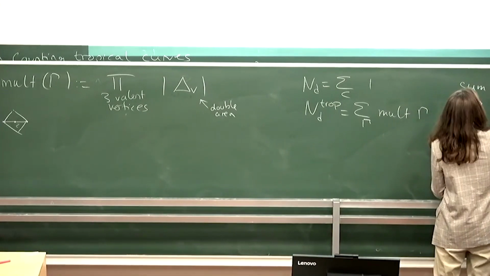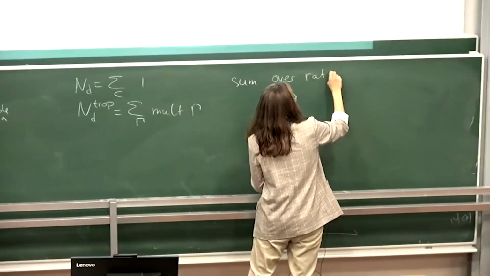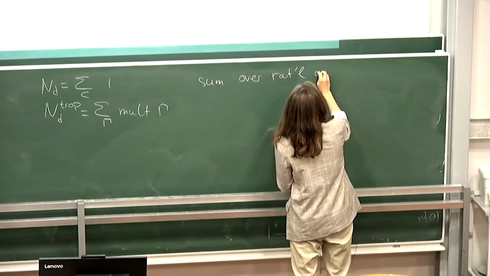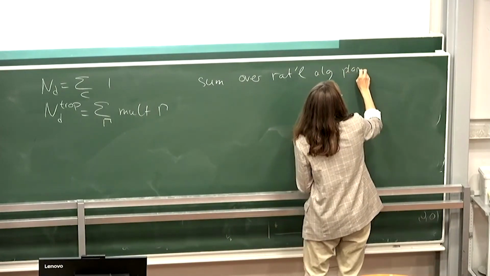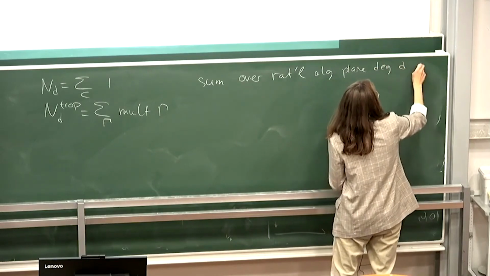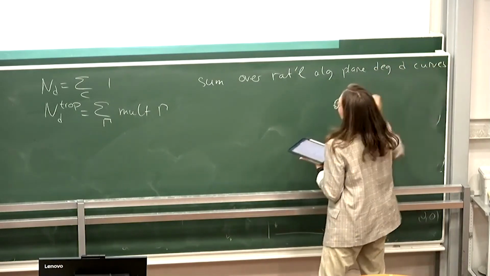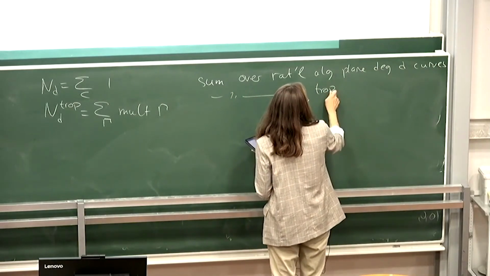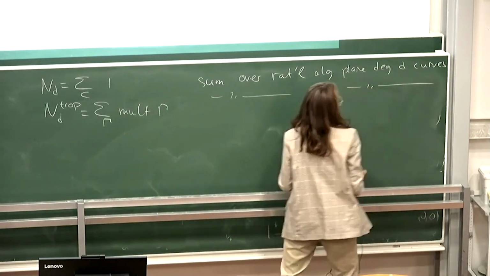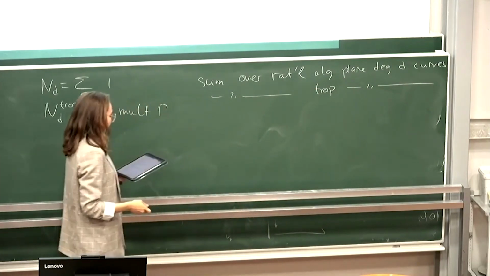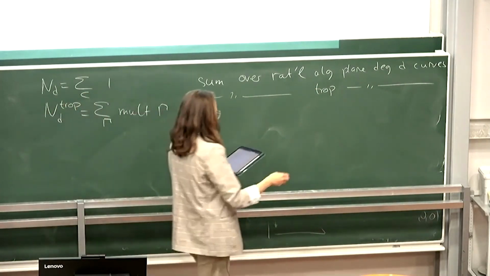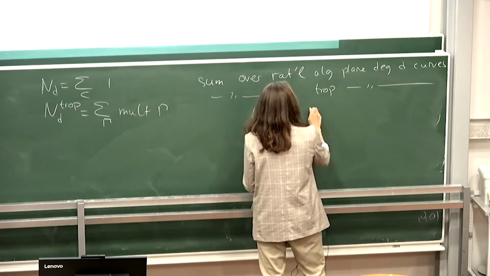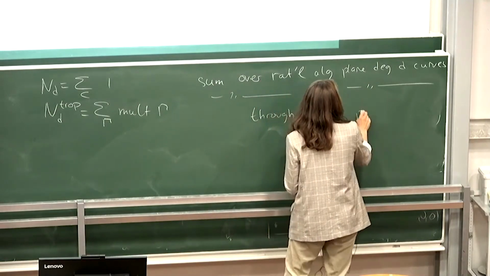In the first case, it's the sum over rational algebraic plane degree D curves. And in the second, instead of algebraic, I take tropical, also degree D curves. So they are defined by the vanishing of a degree D tropical polynomial. And both are through 3D minus 1 points.